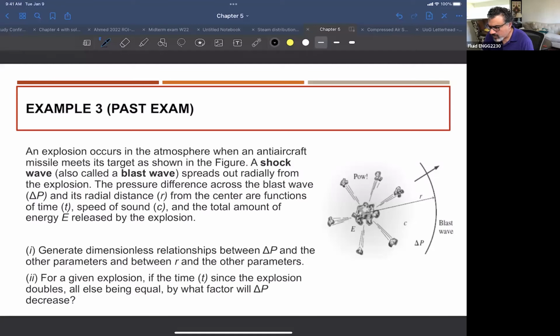Let me ask you first, in order to generate this dimensionless group, the problem is giving you all the information. You have the difference of the pressure, delta P, the main parameter. What other parameters do I have?